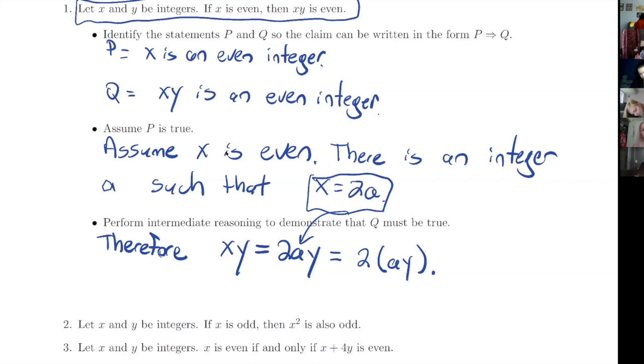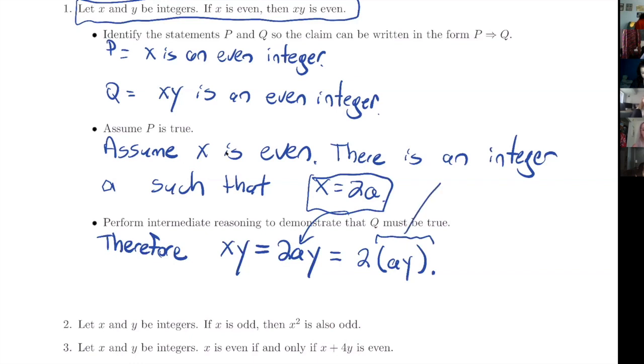So does this prove that x times y is even? Yes, because it's 2 times an integer if you assume that ay is an integer.